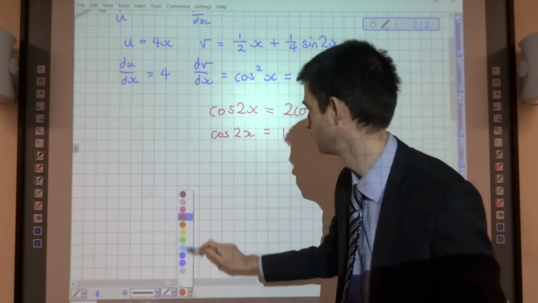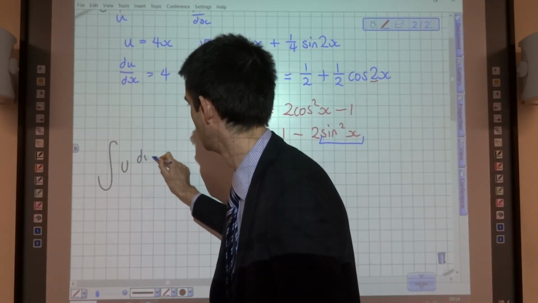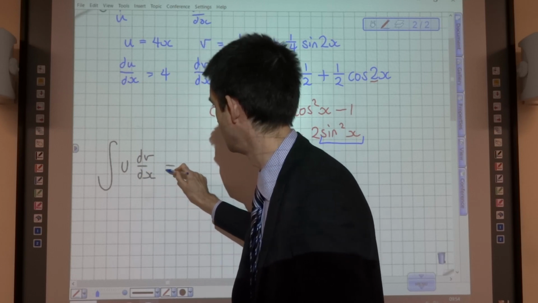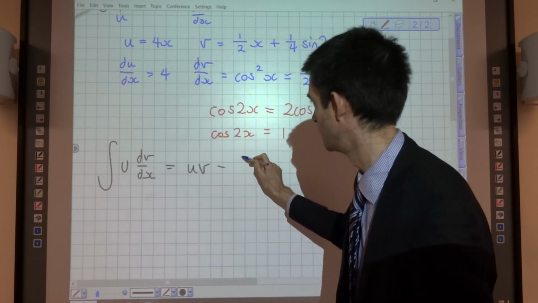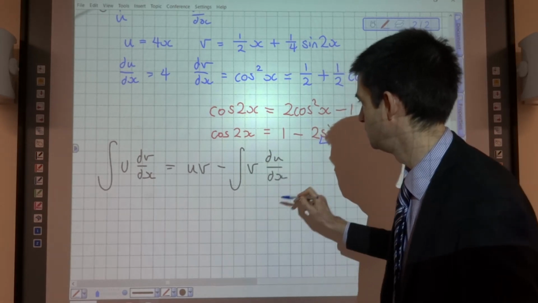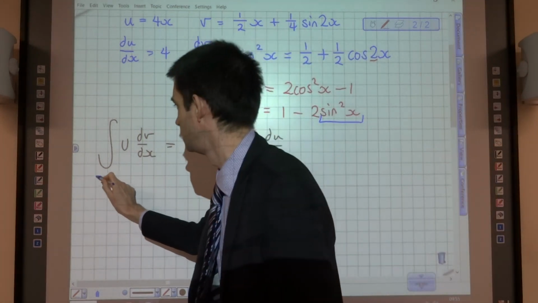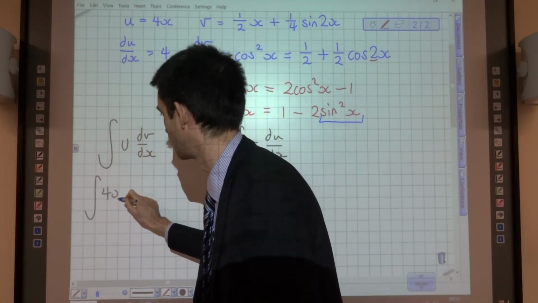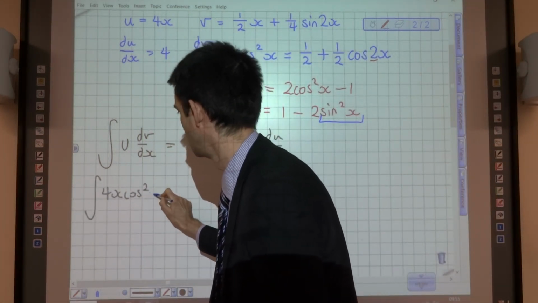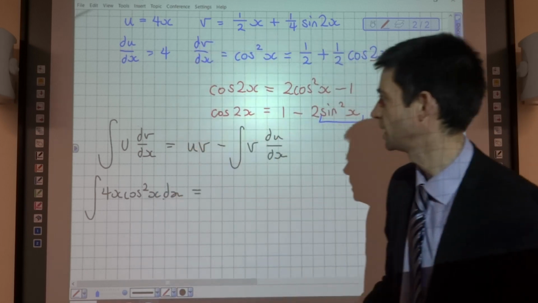So the integration by parts formula that you need to write out each time you are using it: the integral of u dv dx equals uv minus the integral of v du dx. The original function that we were trying to integrate was 4x cos squared x with respect to x.